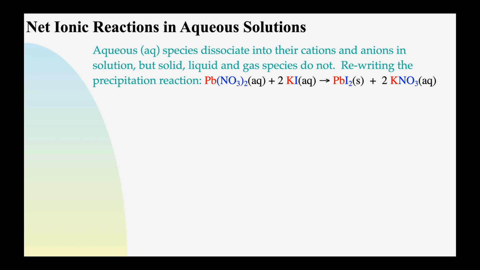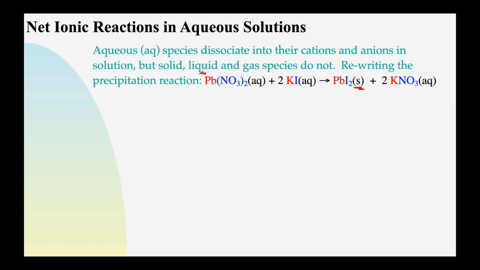So let me show you a little bit better here what I mean by this. Let's go back to the precipitation reaction we looked at earlier, Pb(NO3)2 plus 2KI making PbI2 plus 2KNO3. And let's analyze this for the dissolved species. Now, anything that's AQ, you can break up into the cations and anions, but you don't want to break up anything that's a solid, liquid, or gas.